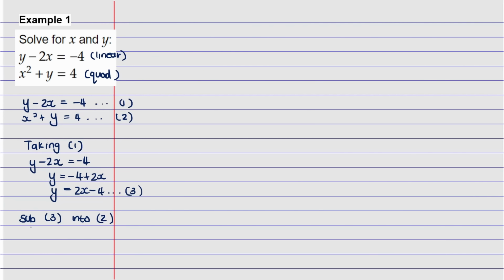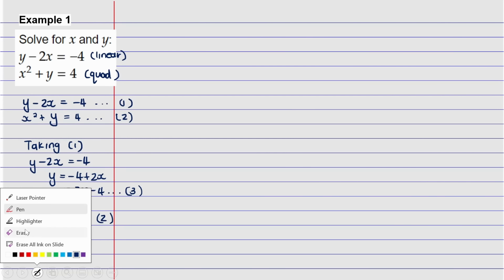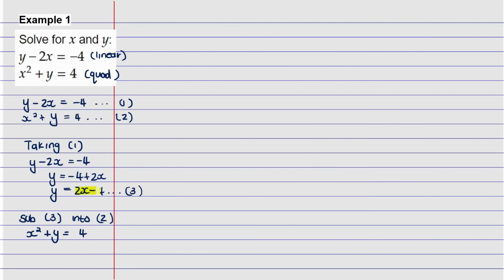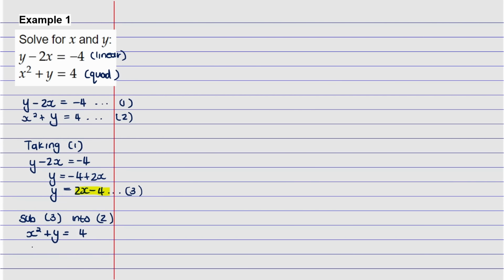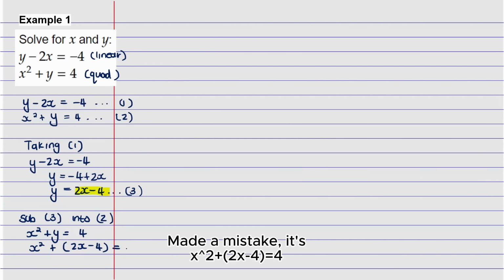So it's going to be x squared plus y equals 4. Now wherever I see y, I'm going to substitute this part that I just highlighted. So it's going to be x squared plus, open bracket, 2x minus 4, equals 0, right? To see that you're doing the right thing, everything needs to be in one term. So there shouldn't be two variables, right?